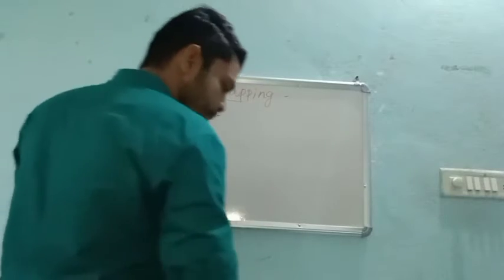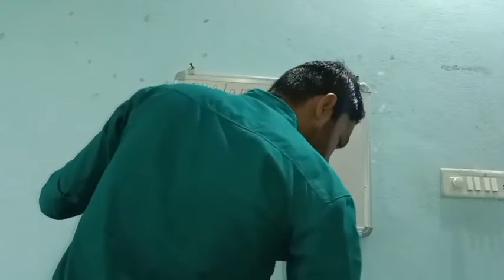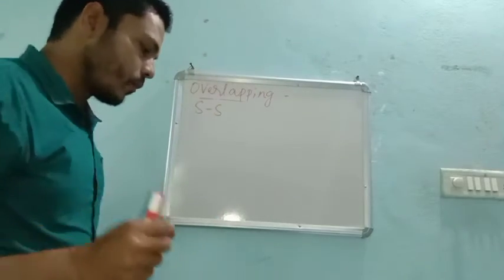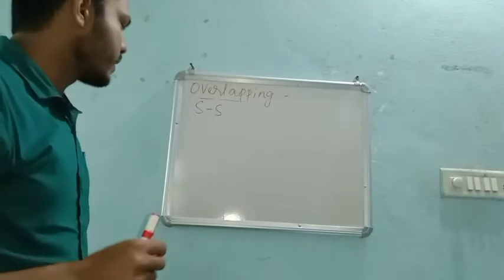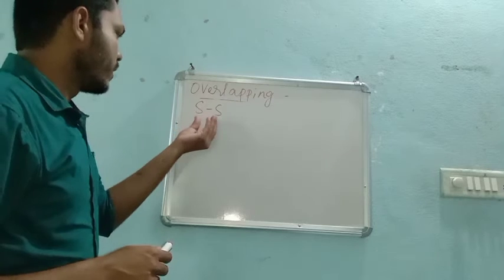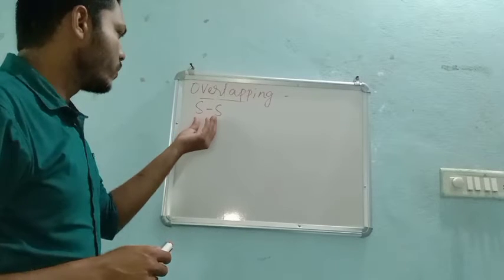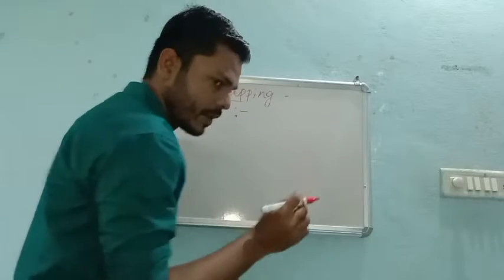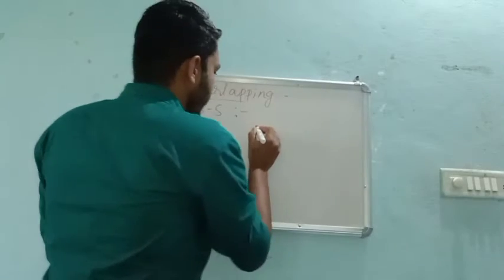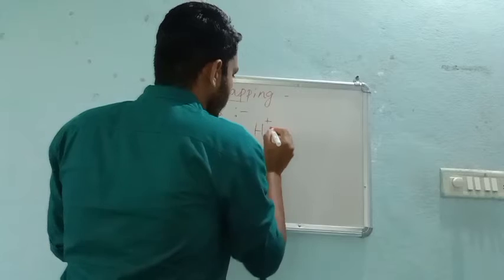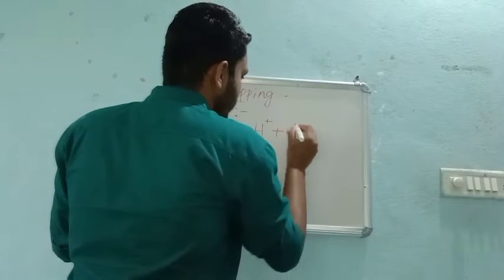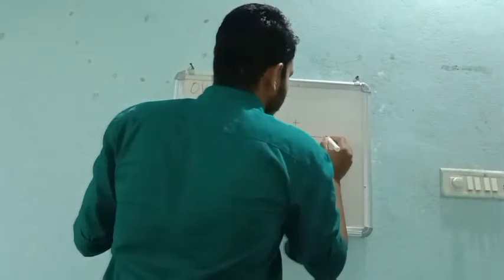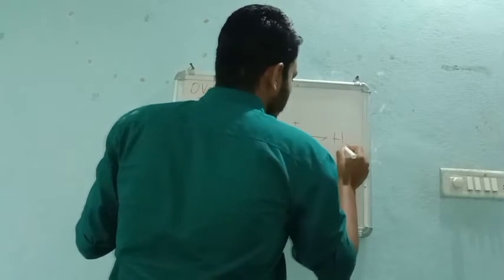If an S orbital with a half-filled atomic orbital is overlapped with one more S orbital atom, like H, we can take the best example as H plus H. If they undergo overlapping, then there will be a formation of H2.